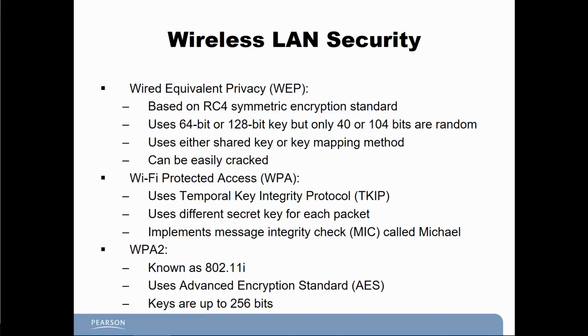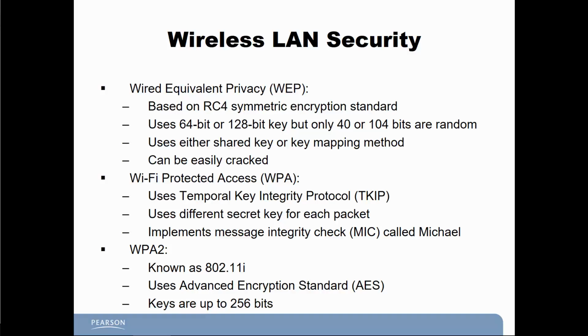A big one is wireless security. How does WEP differ from WPA and WPA2? So WEP uses a 64-bit or 128-bit key, but only 40 or 104 bits are randomized, meaning either the shared key or the key mapping methods should be easily cracked.